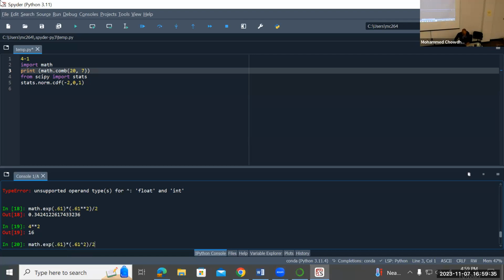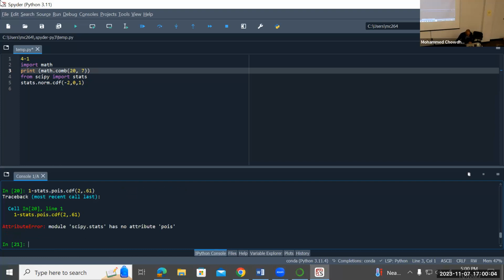Otherwise, you have to search. stats.poisson, 1 minus, and then I have to change it here, and that is equal to 0.61. Let's see. scipy stats has no attribute poisson.